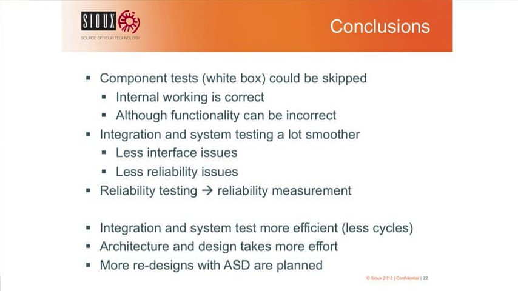We can measure the reliability of mechanical parts and things like that without being hampered by software issues. The integration and the system test can be performed much more efficiently. In our case, we used the same set of test cases. We didn't run fewer test cases because we generated some part of the code, but we found fewer issues, and so we have fewer retests and fewer cycles in the system test. So the system test itself was shorter.